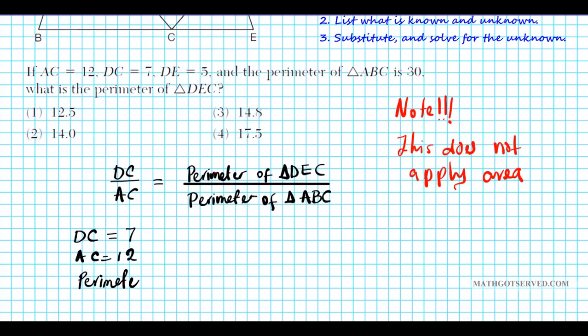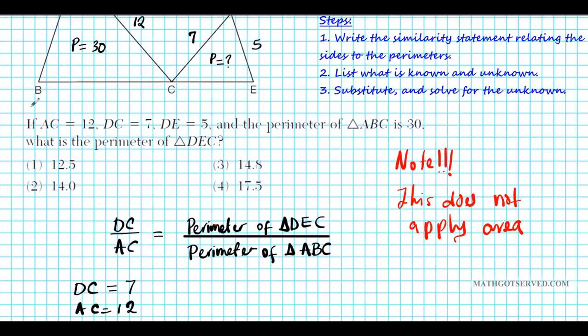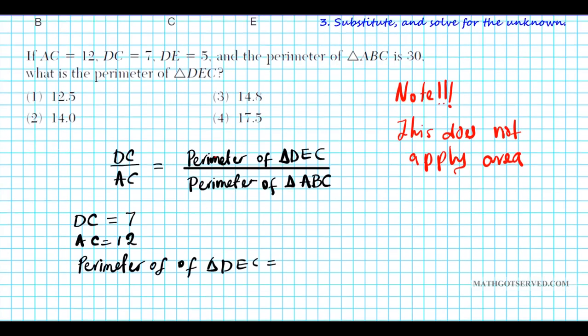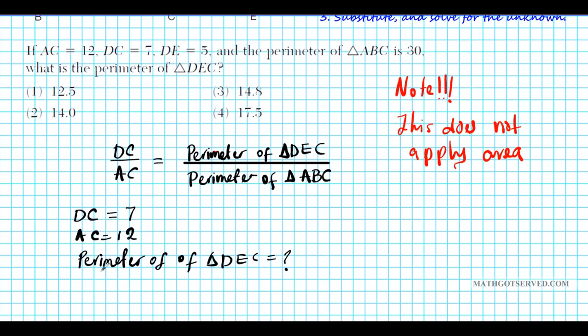What is the perimeter of triangle DEC? That is what we're looking for, so put a question mark there. And then the perimeter of triangle ABC is what? 30.